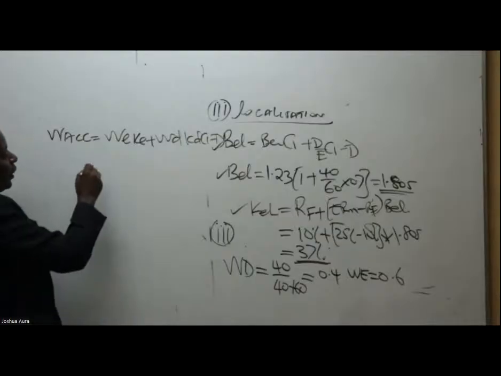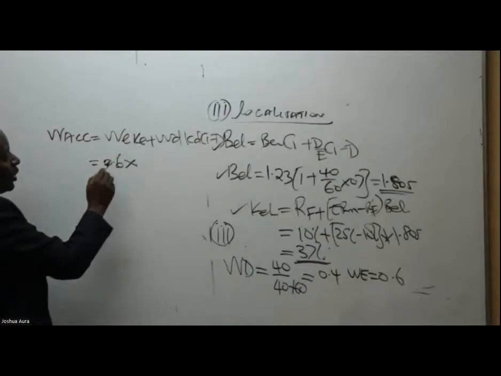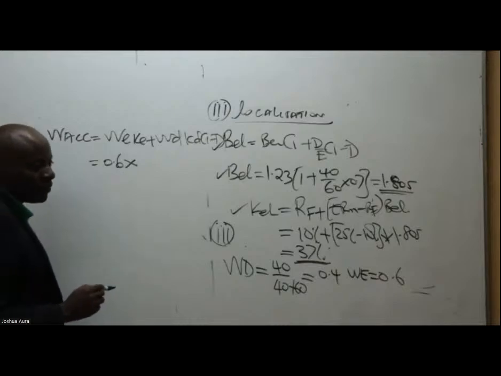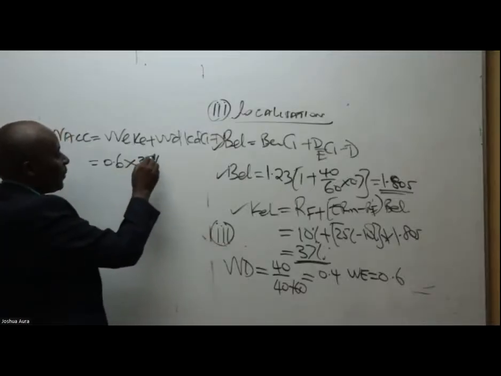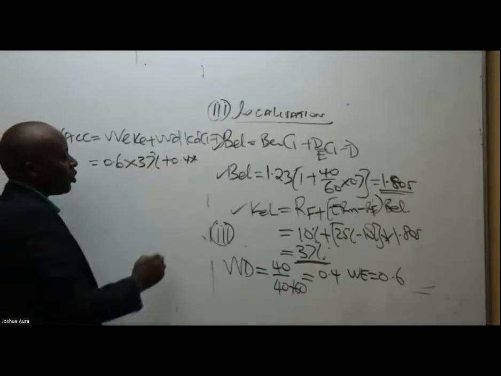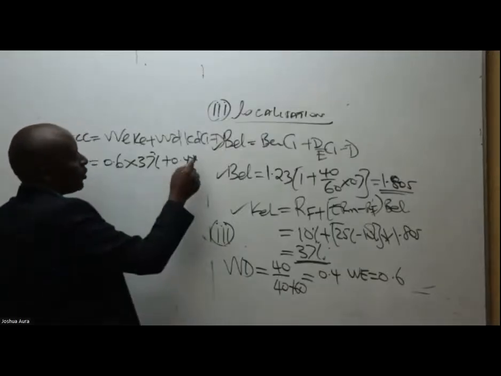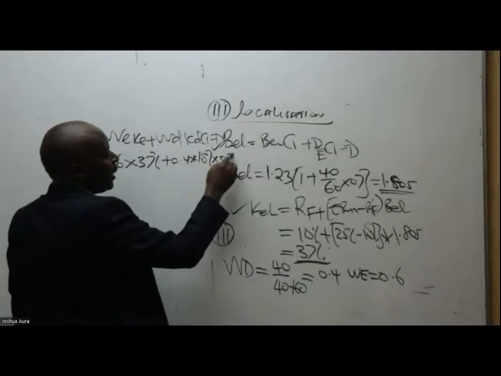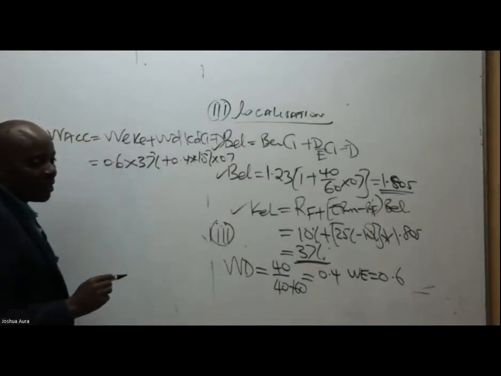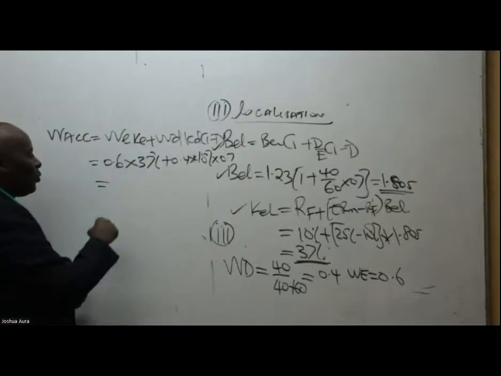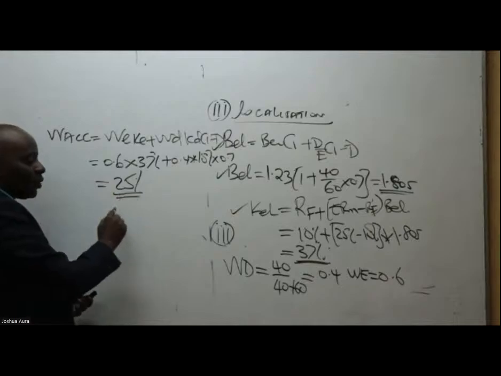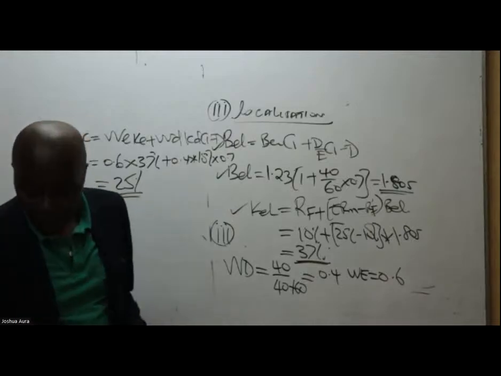Weight of equity is 0.6 times cost of equity, 37%, plus weight of debt 0.4 times cost of debt, which is risk-free 10%, multiplied by 1 minus tax, which is 0.7. Which then will end up giving us what figure? I want to believe what Fatima and the rest were giving me is very correct.